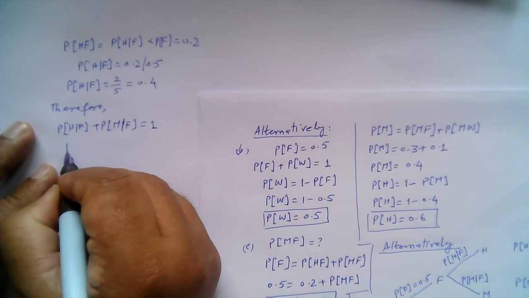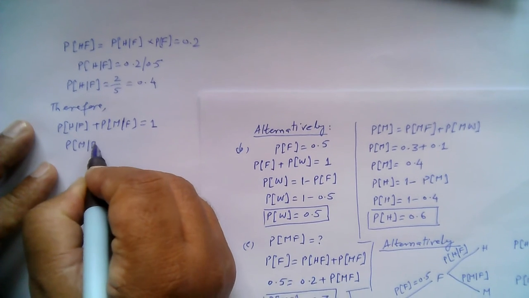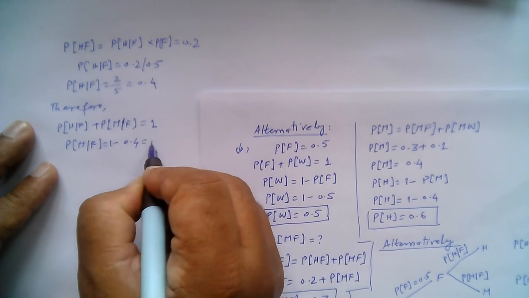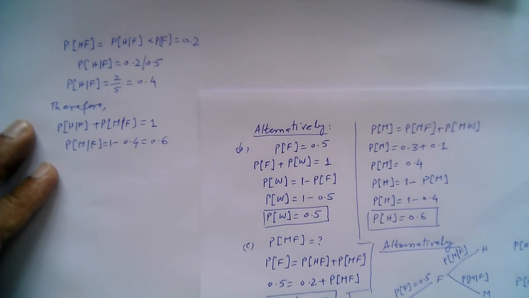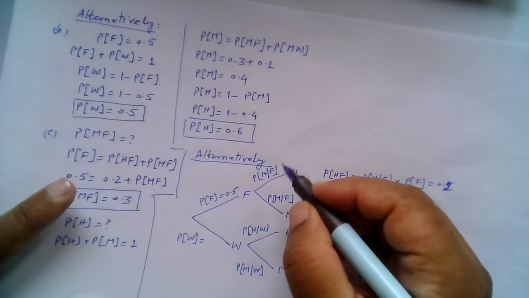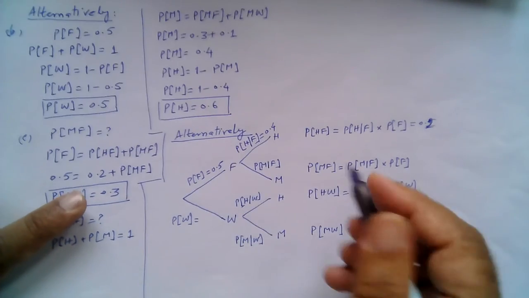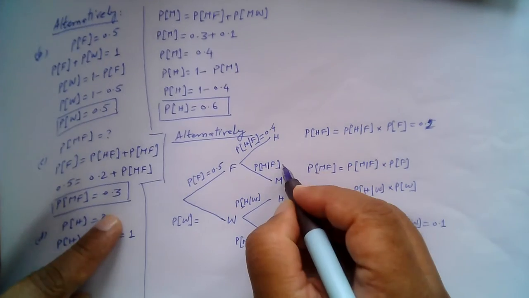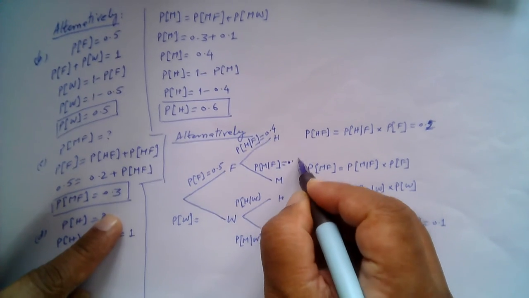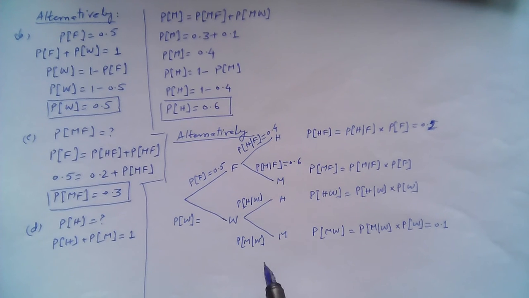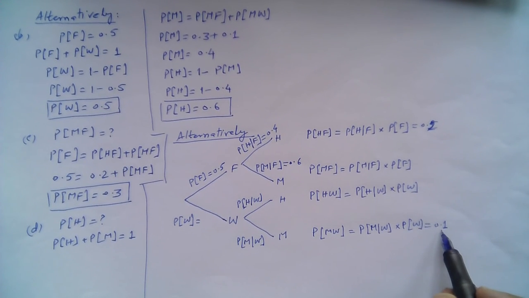So the probability of M given F is 1 minus 0.4, that is 0.6. Likewise, we know that the probability of MW is 0.1.